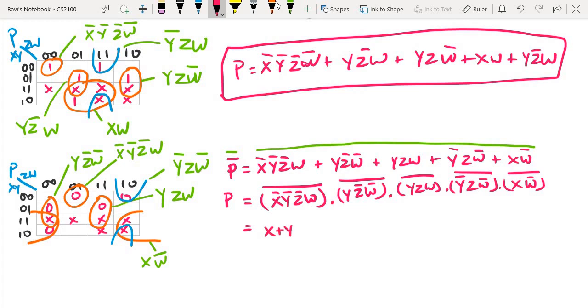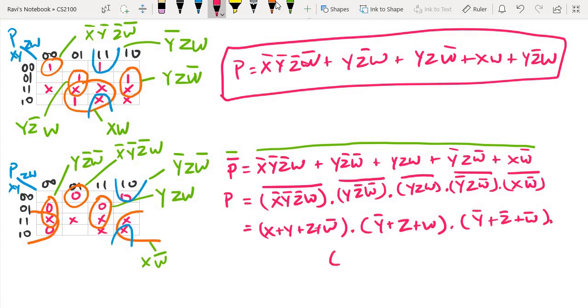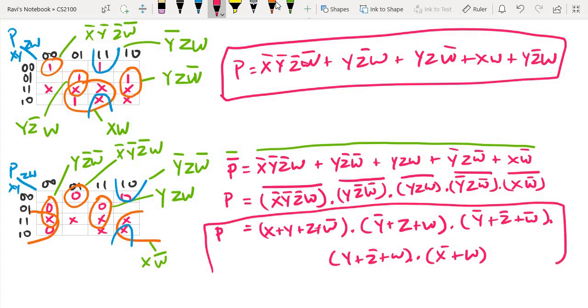So I'll get X plus Y plus Z plus W bar, Y bar plus Z plus W, Y bar plus Z bar plus W bar, Y plus Z bar plus W, X bar plus W. So that is your final POS expression for your given truth table and K-map.